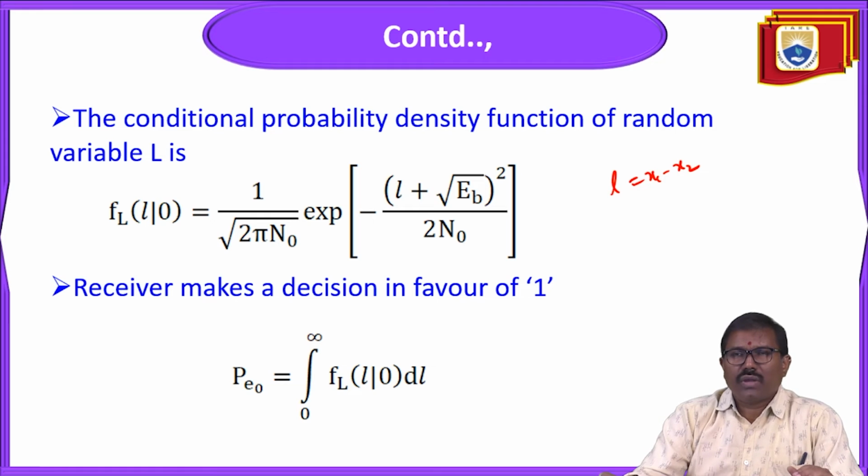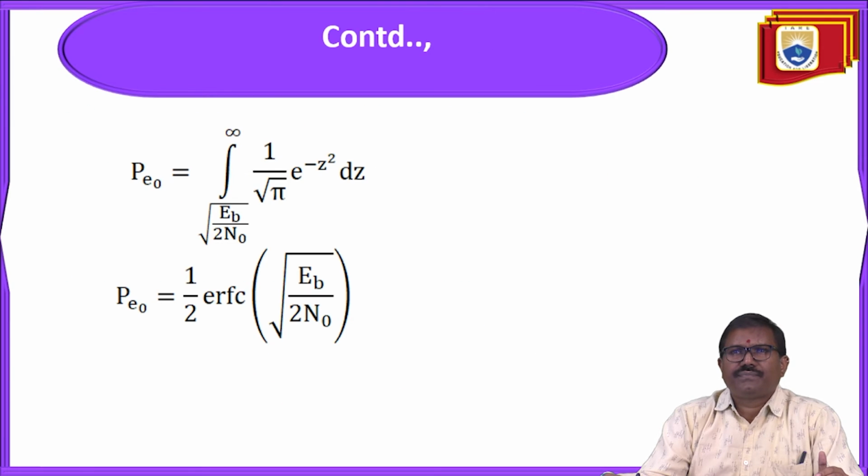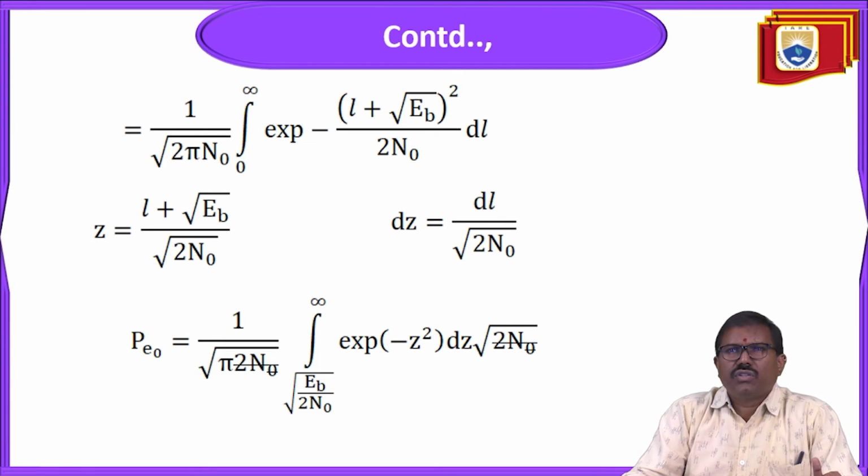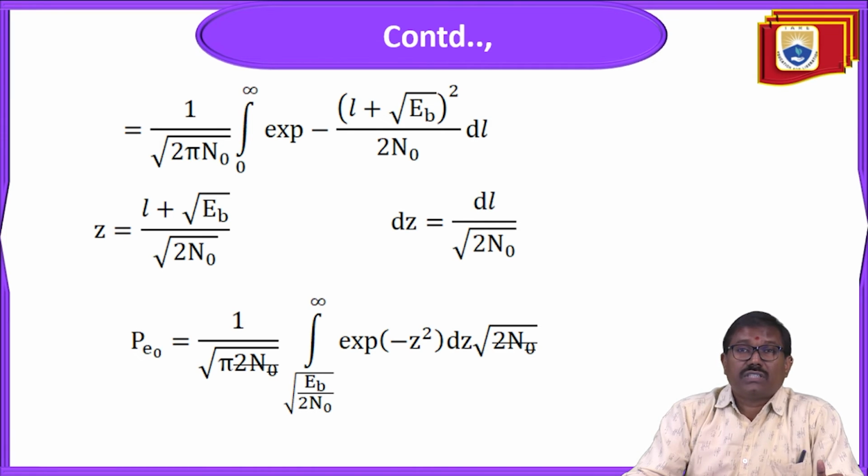So we are rearranging according to our problem. The conditional probability function is 1 by square root of 2 pi N0 integral 0 to infinity exponential of minus (L plus root Eb) whole square by 2 N0 dL.